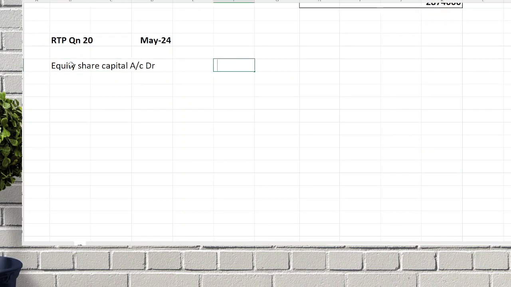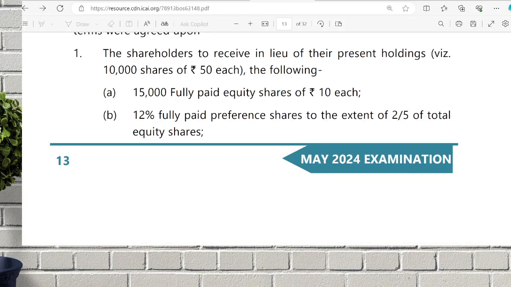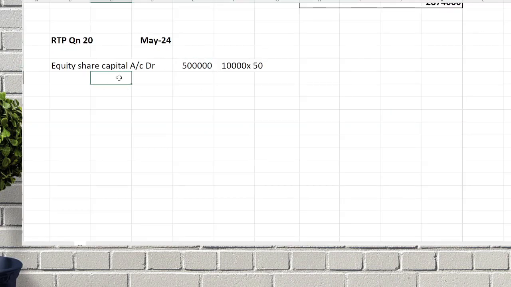Equity share capital account debit. How many shares are there? Old shares 10,000 into 50, 5 lakh. To what are we giving?